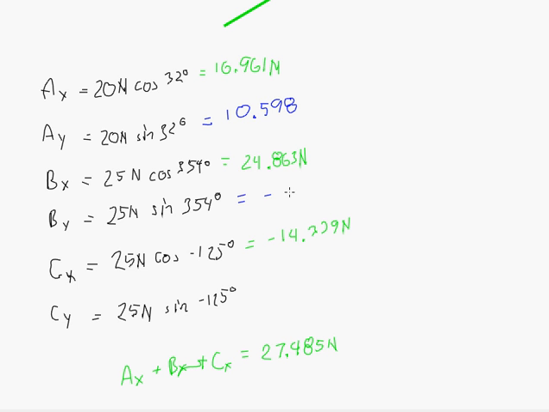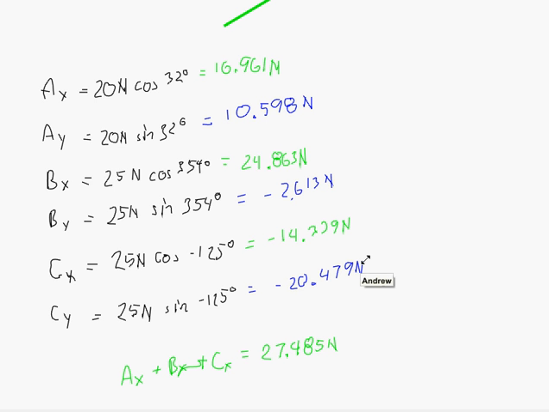Negative 2.613 newtons. Okay, done with that. I'll put my newtons up here. And then I'm going to go 25 sine negative 125. And then I get negative 20.479 newtons. I'm going to add those up now.